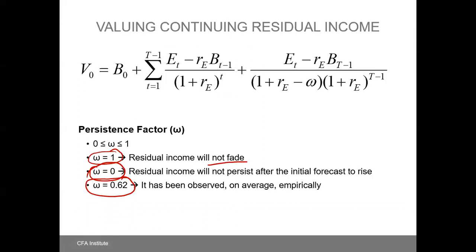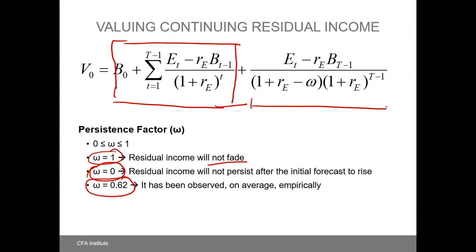So don't get afraid by looking at the big formula. This is not something difficult. We are already familiar with this part. We already have worked with this. But what has been added? This term has been added. This term has been added for considering how the residual income will grow in the longer term.